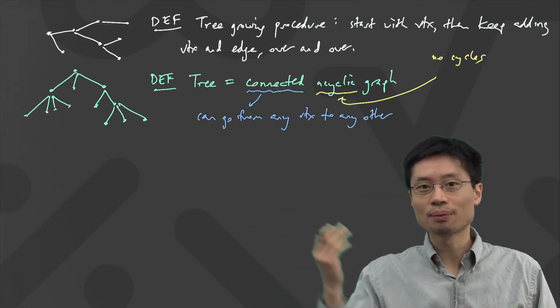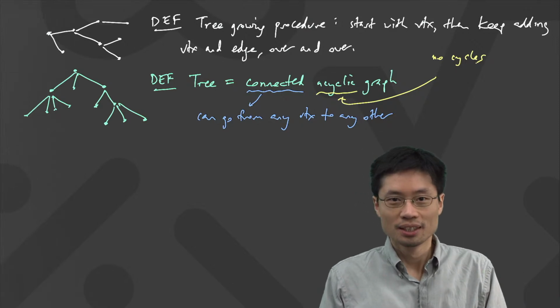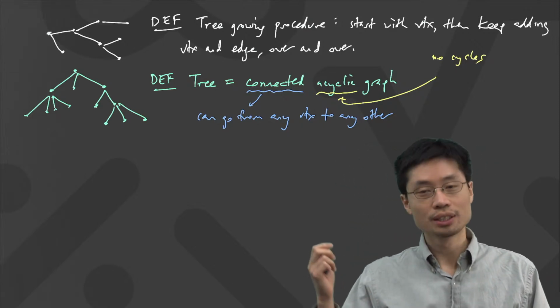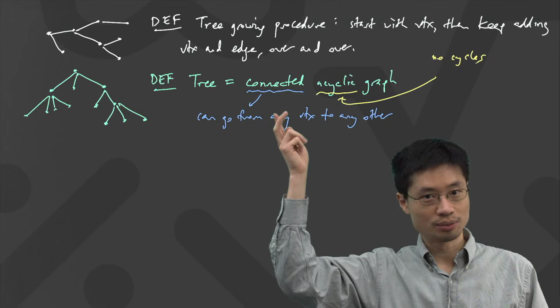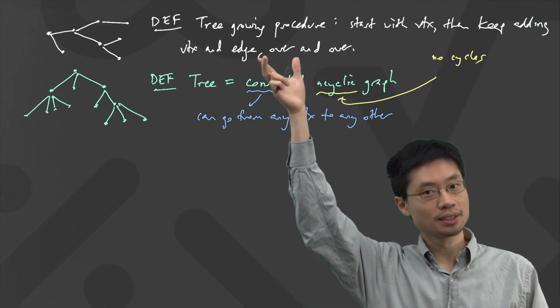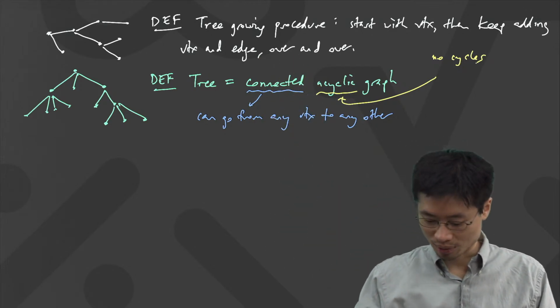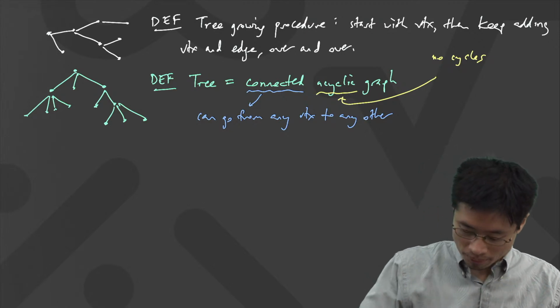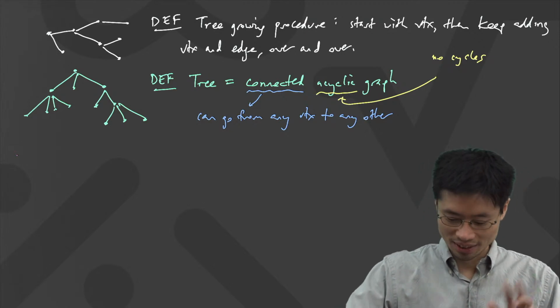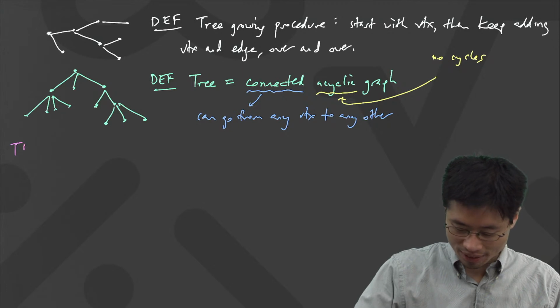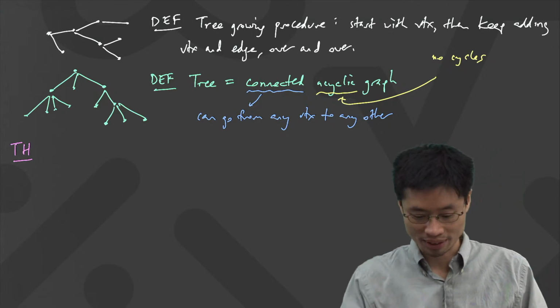Okay, so now we want to go and prove these two are the same. The theorem is that the set of all the trees, which are connected acyclic graphs, is the same as the set of all things you can get from the tree growing procedure. This is the first theorem in graph theory that I often teach where we have to actually prove something.